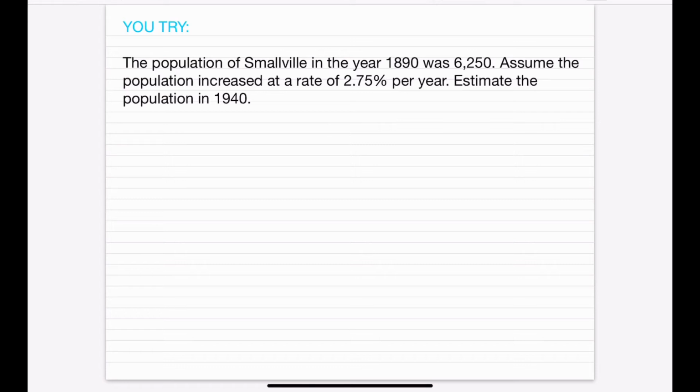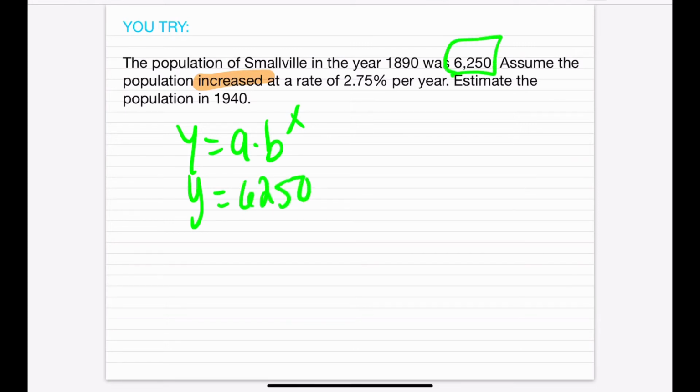So very first thing, the keyword here is increased. So you have an exponential growth. So let's write the equation, very first step. Y equals a times b to the power of x. a is the initial amount. The population was 6,250.